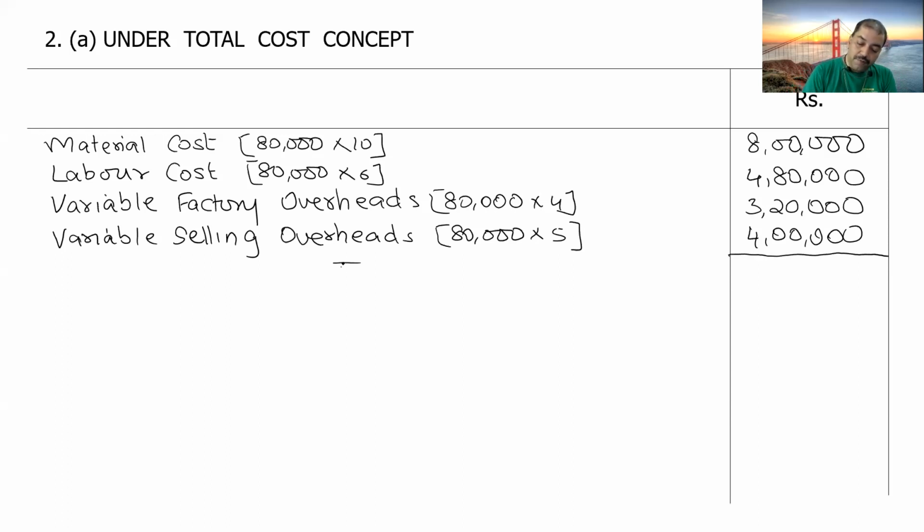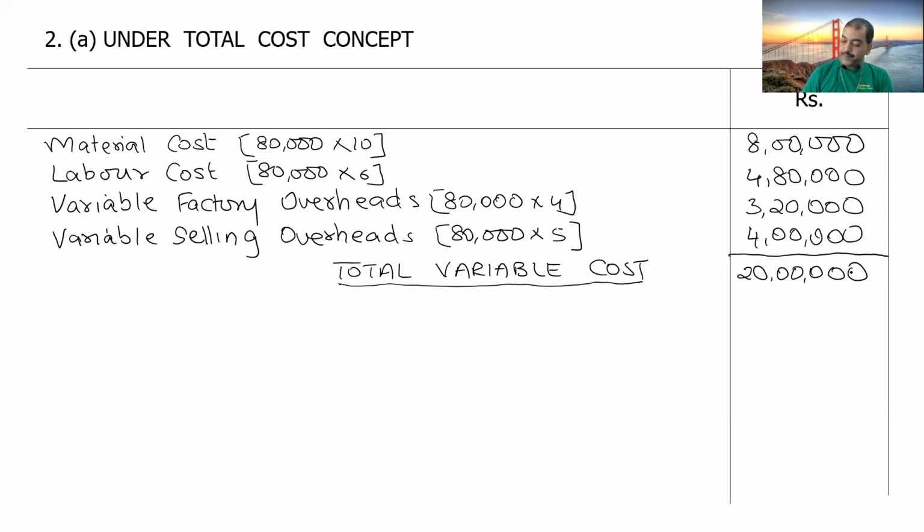Total variable cost. Then fixed factory overheads 8 lakhs.